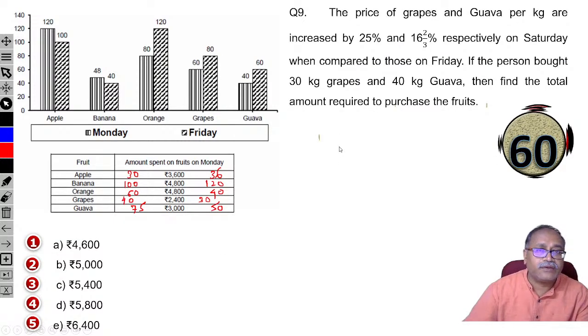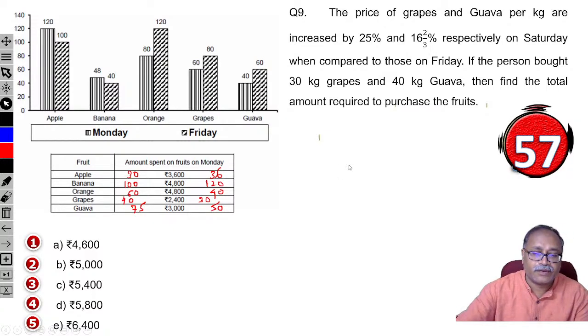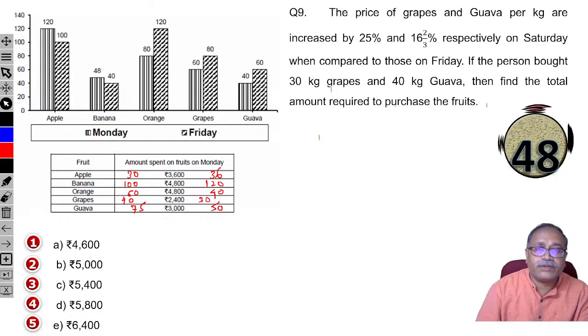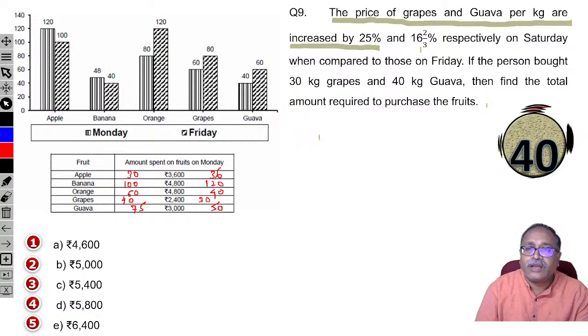Question number 9. Your time starts now. Okay. Answer it. I am sure you can answer this question. Let's read it together. What is the question here? The price of grapes and guava per kg are increased by 25% and 16 2/3% respectively on Sunday.